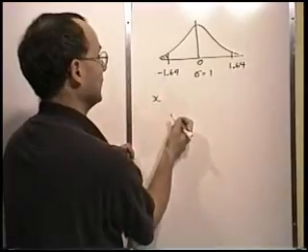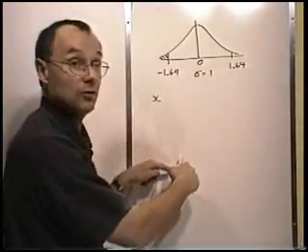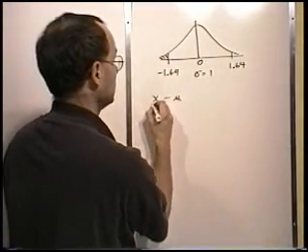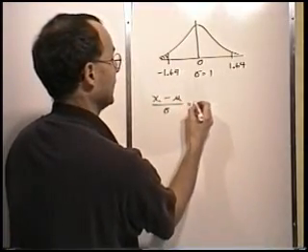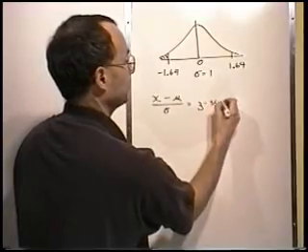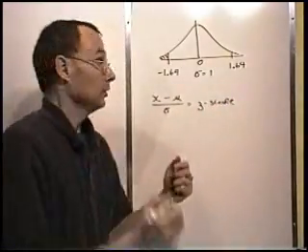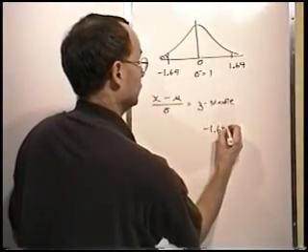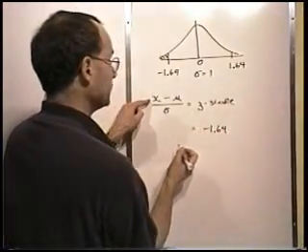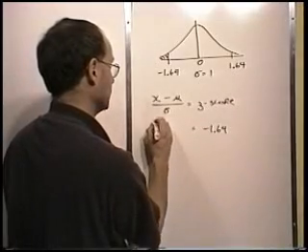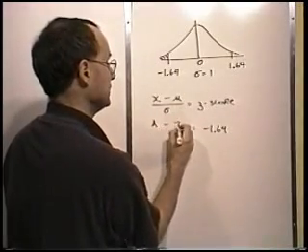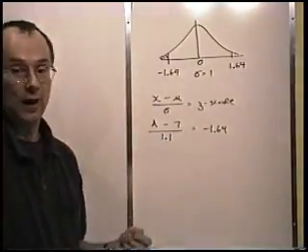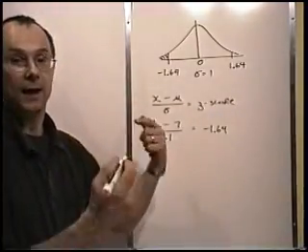You take whatever x is, or in our case we called it a, whatever that actual number is, minus the mean, divided by the deviation, and that equals the appropriate z-score. So now I say, well, I know what the z-score is. It's negative 1.64. And I'm looking for x, which we were calling a. So I'm going to replace it with a. The mean is 7, and the deviation was 1.1. All I have to do now is go ahead and solve this thing and see what I get.